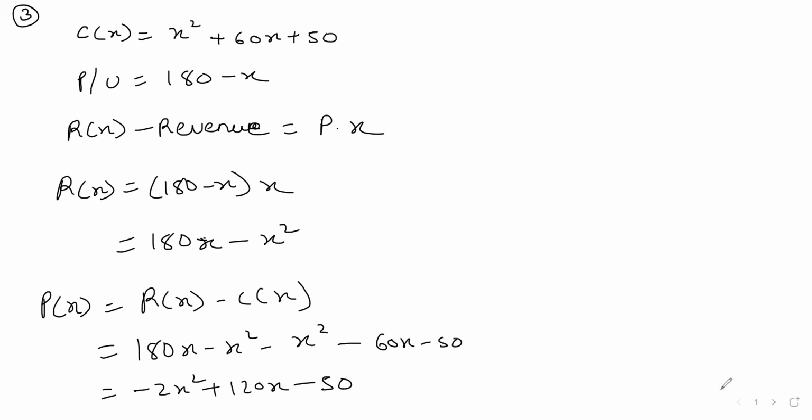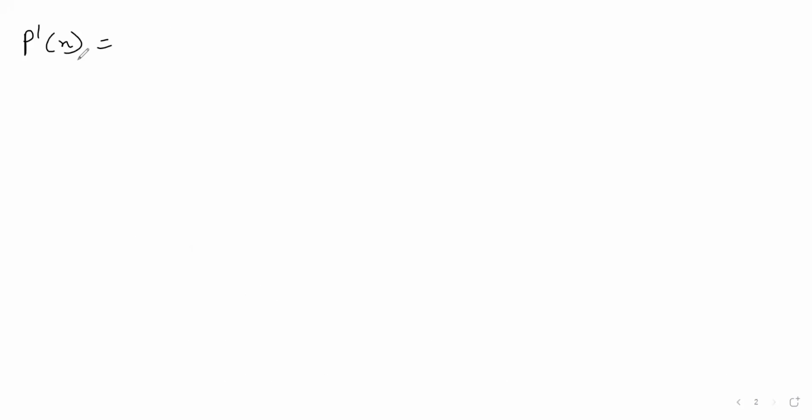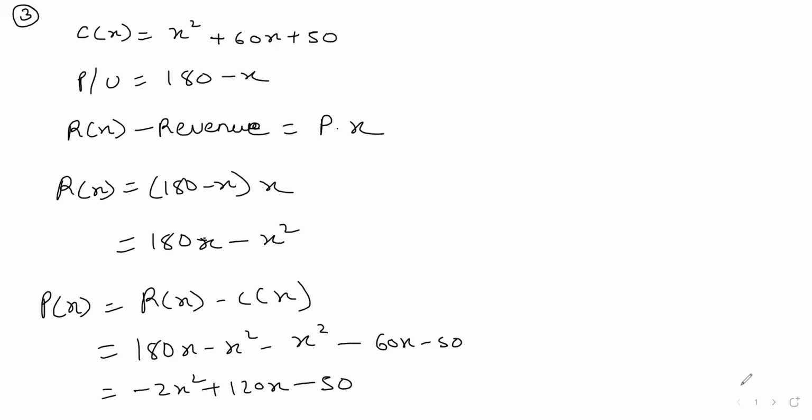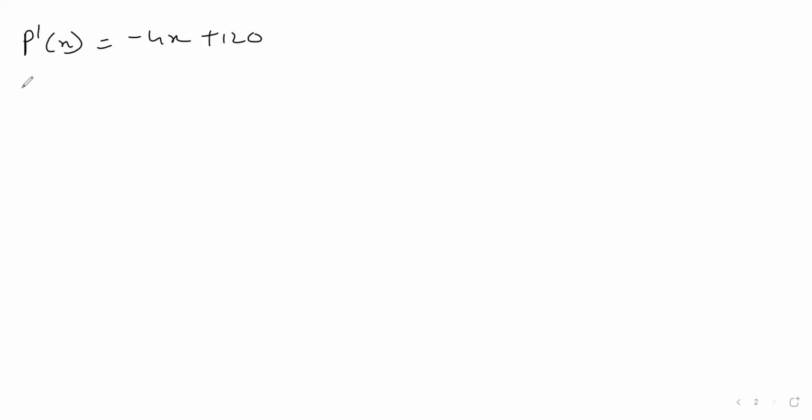So we'll find the derivative. Derivative will be minus 4x plus 120. Now we'll find p double dash of x also, that is the second order derivative. That is minus 4. We'll put p dash of x as 0.